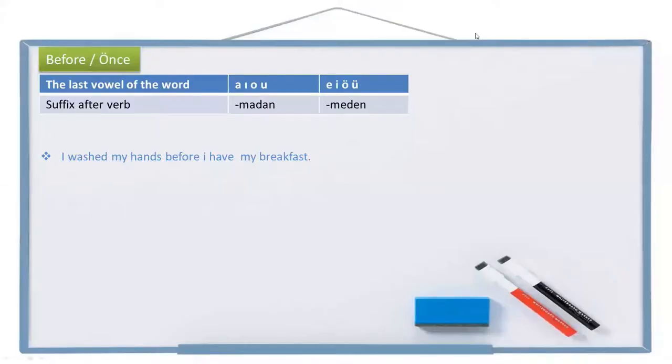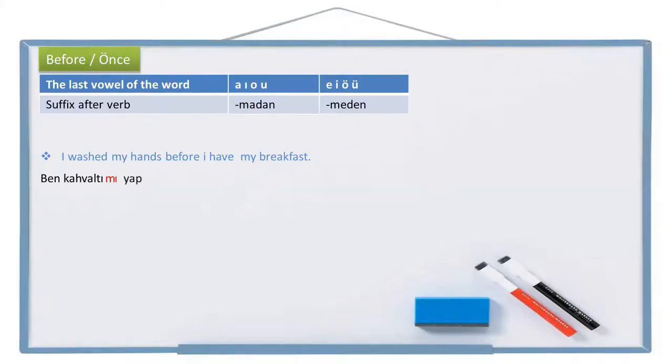Let's write the person pronoun first. I, ben. Now we are going to change the places. Before and I have my breakfast, we need to change their places. Let's write have my breakfast first. My breakfast, kahvaltım. But it's not any breakfast. It's a specific breakfast, a particular one. So I need to add the accusative suffix, kahvaltımı.